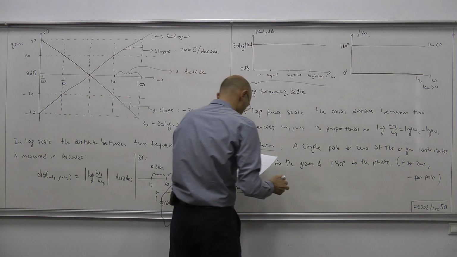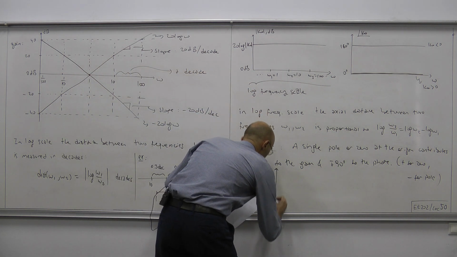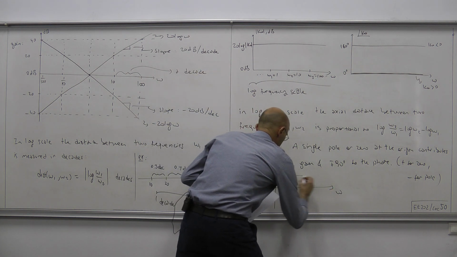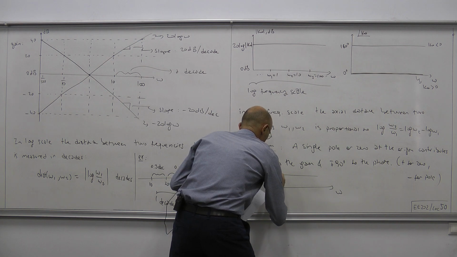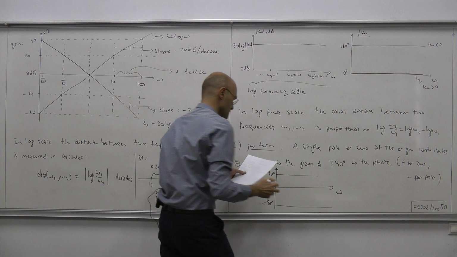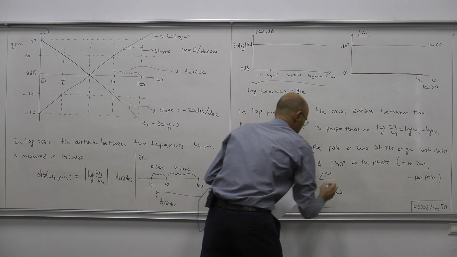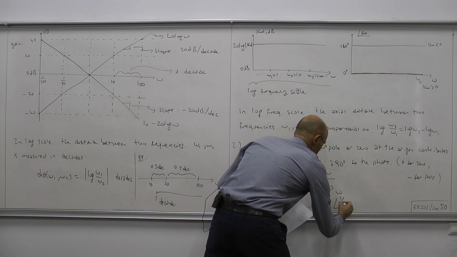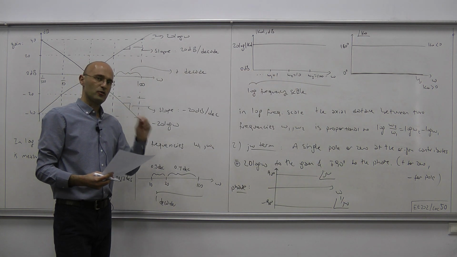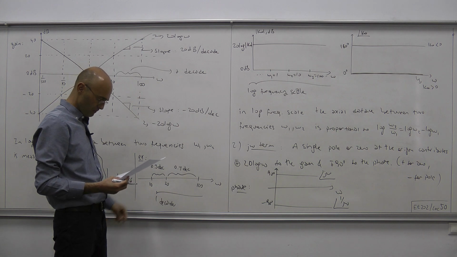Okay, therefore, the phase is simply this, either 90 degrees or minus 90 degrees. This is the phase for the j omega term, and this one is the phase for the 1 over j omega term, okay, if the j omega term appears in the denominator.